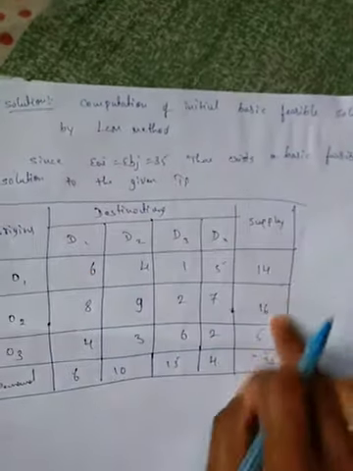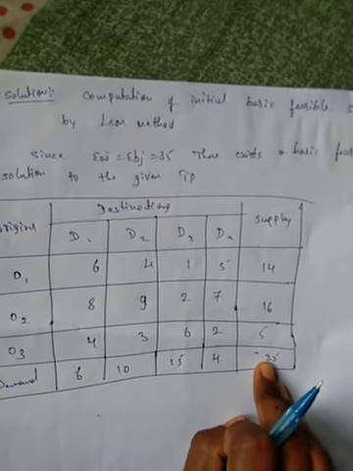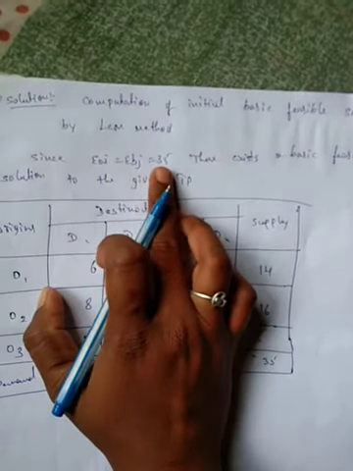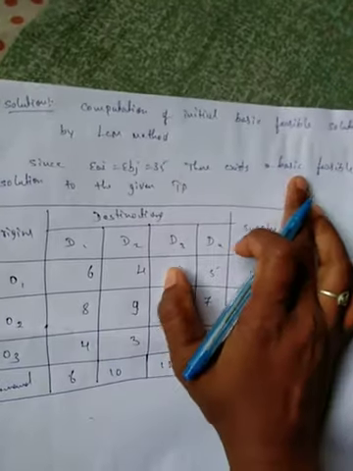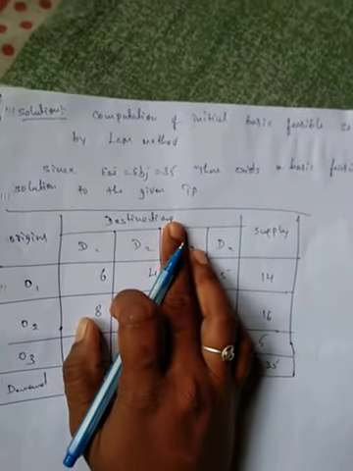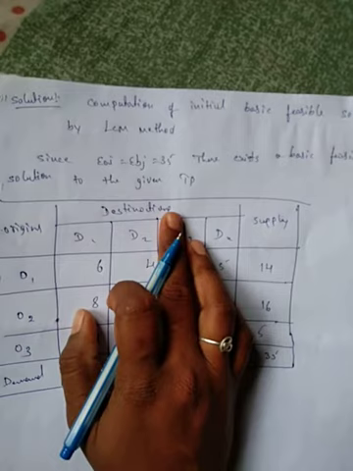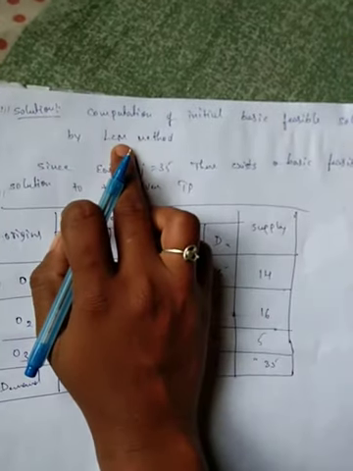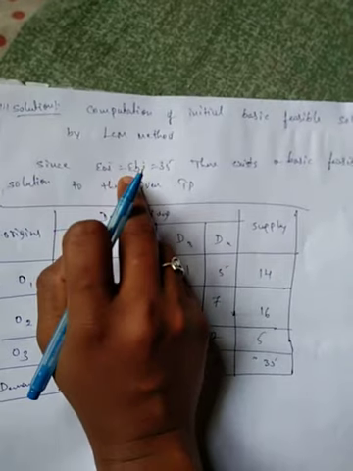The total supply value is 35 and the total demand value is 35. Since the sum of ai equals the sum of bj, there exists an initial basic feasible solution to the given problem. Then we go to the step by step procedure to get the initial basic feasible solution under the LCM method after checking these conditions.